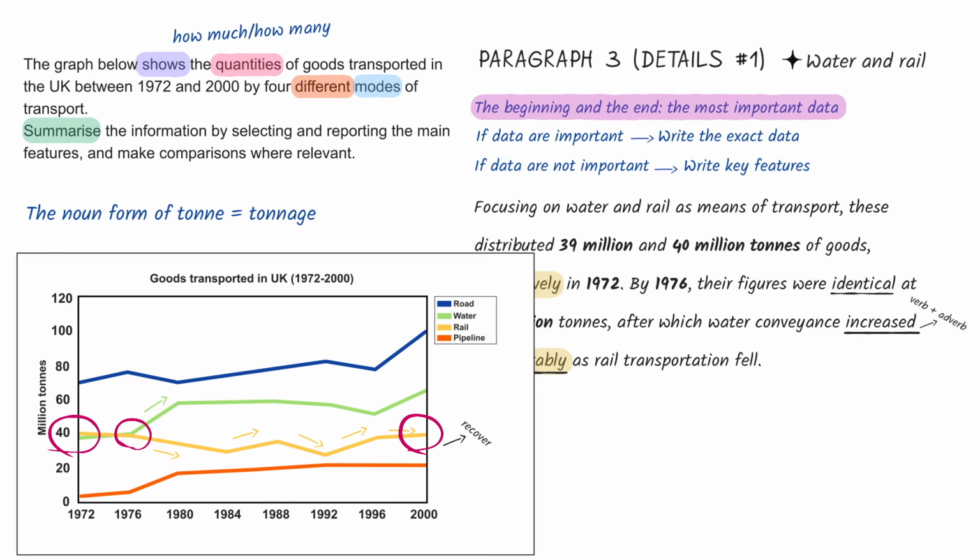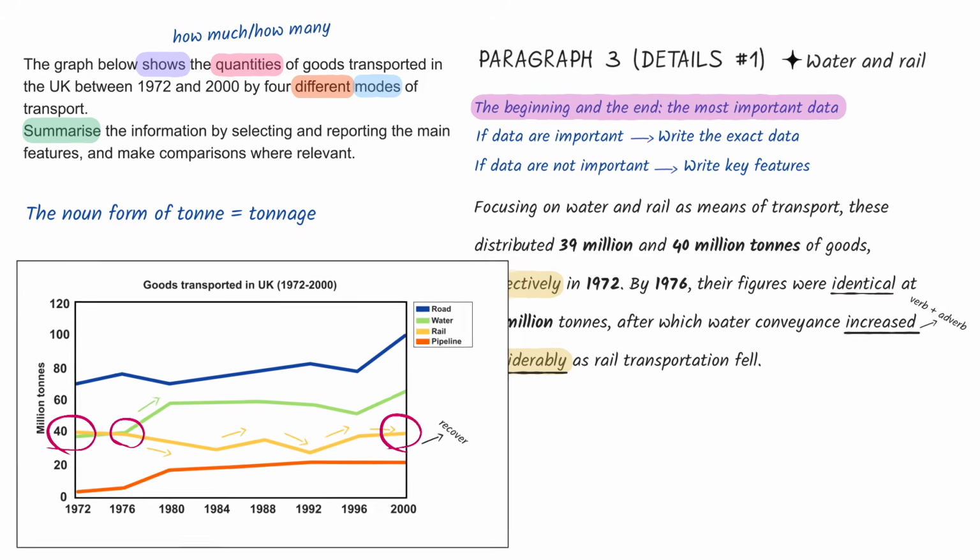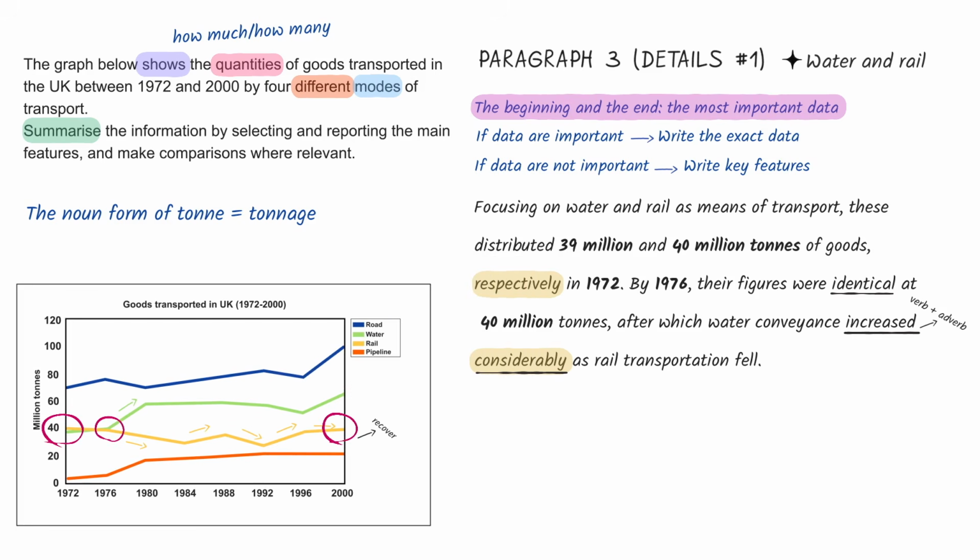When the end of a period of a line graph or bar chart is the same as the beginning, you can write the verb "recover." So I continue writing this paragraph like this. Rail distribution eventually recovered. Now, before that, there were some fluctuations.